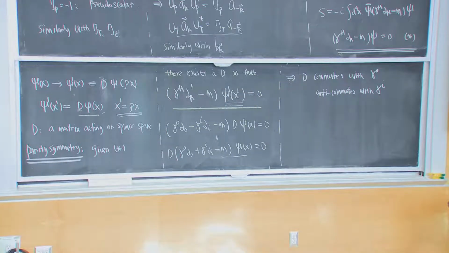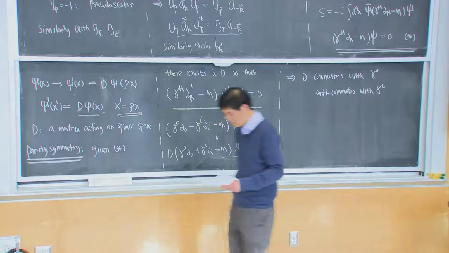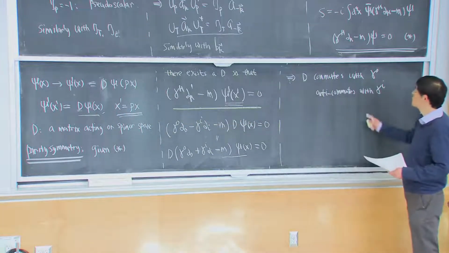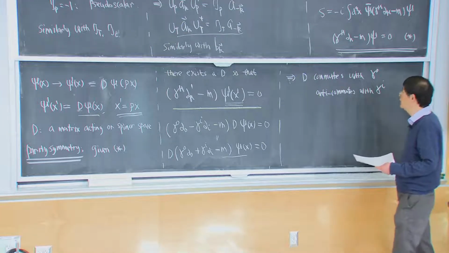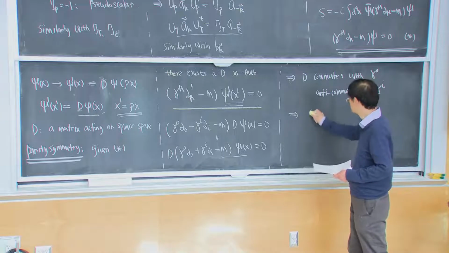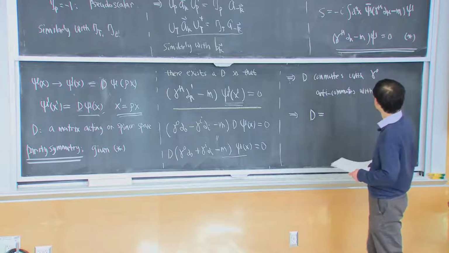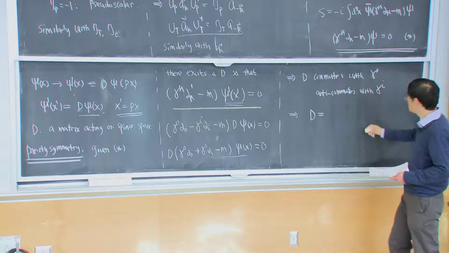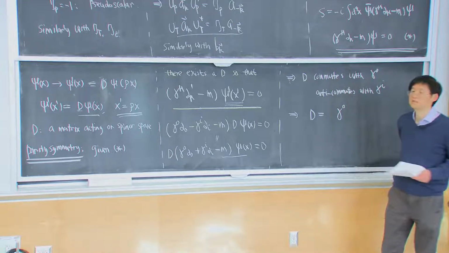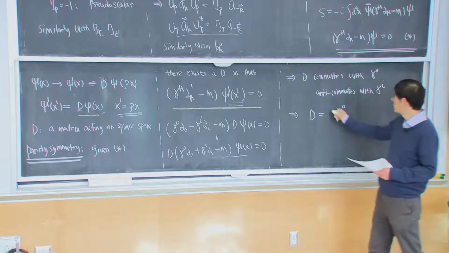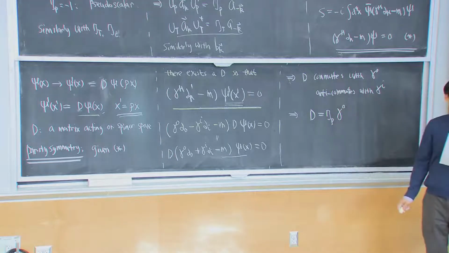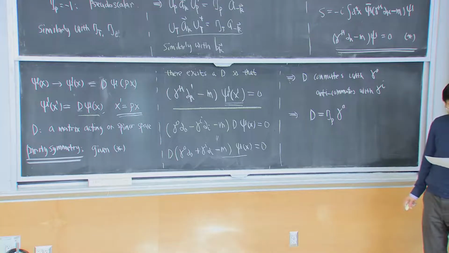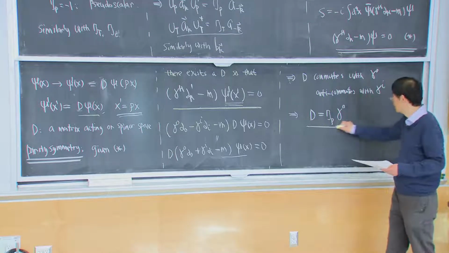So now you can immediately write down such a matrix. D has to be proportional to gamma 0, and then you can put a phase here. So this is how it transforms.